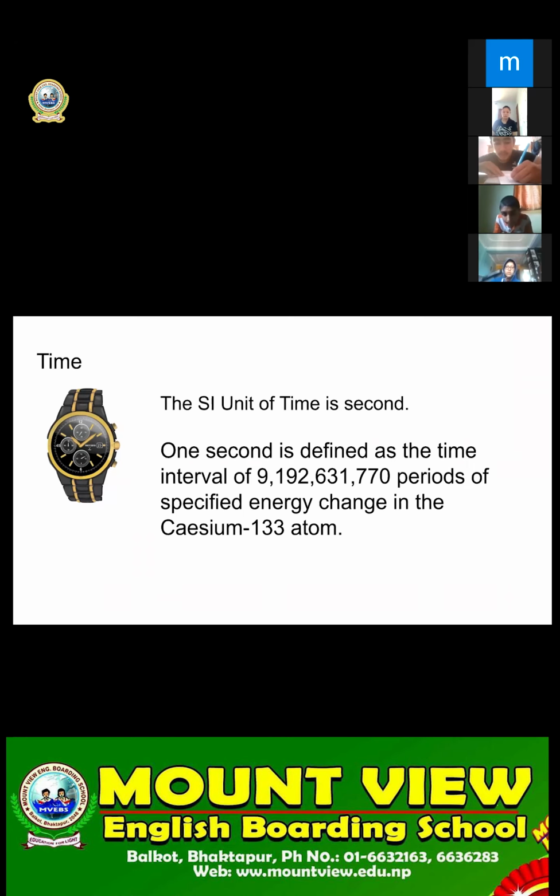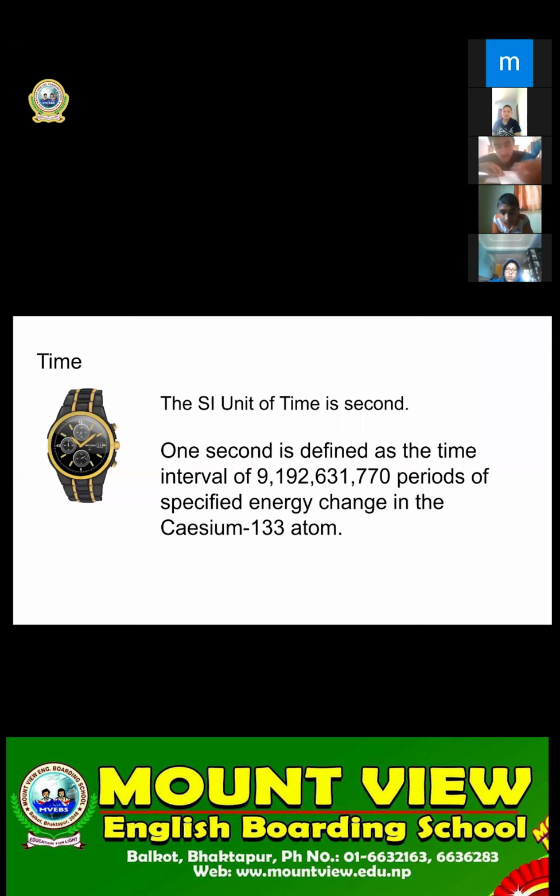When we record the vibration of the cesium atom, it is equal to 9,192,631,770, that is 9 billion 192 million 631,770 vibrations. When the cesium-133 atom completes that many vibrations, the time interval is equal to 1 second.